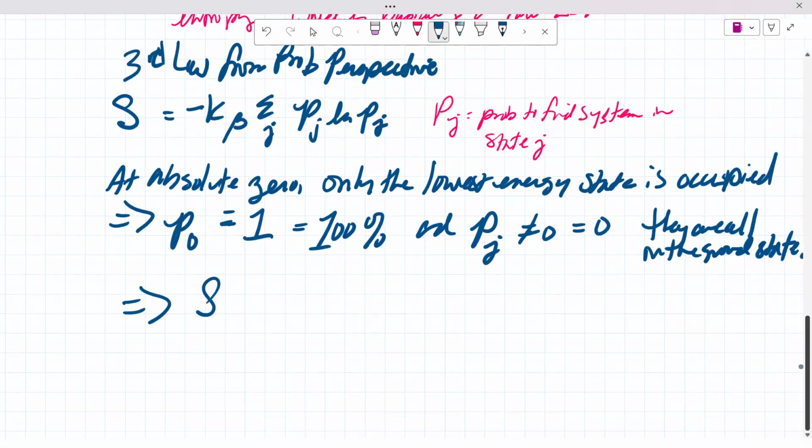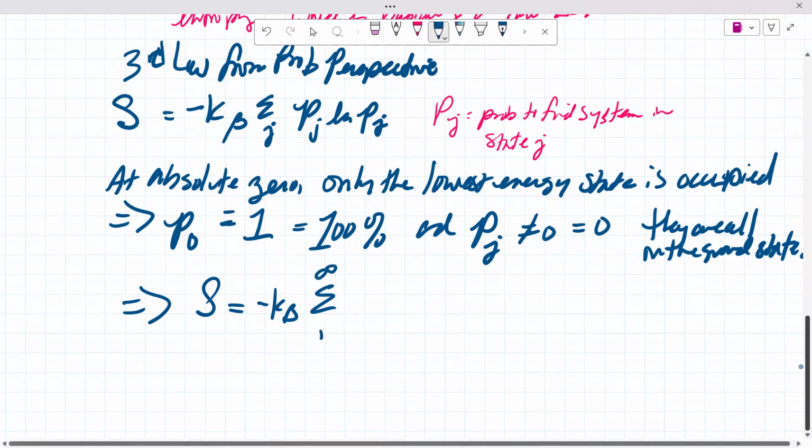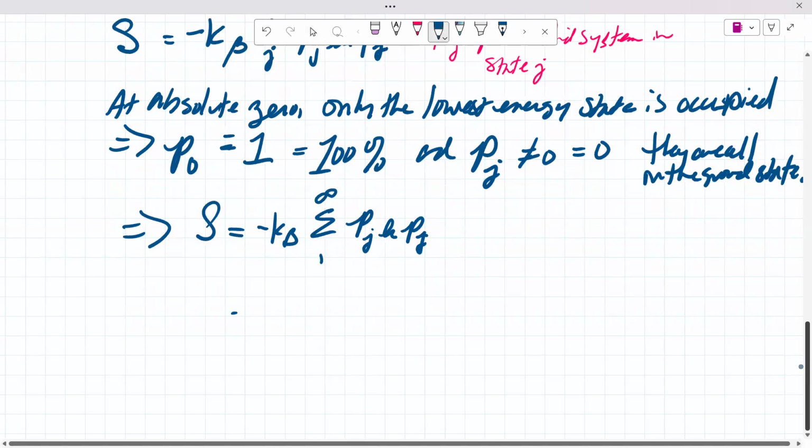S equals negative k_B summation from 1 to infinity of P_j ln P_j, accounting for all the states, and there's one state.